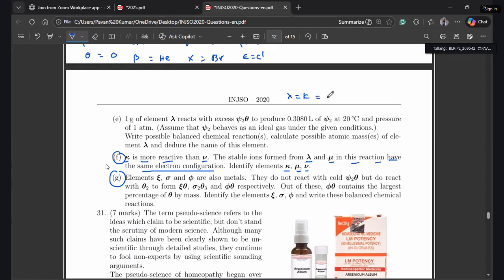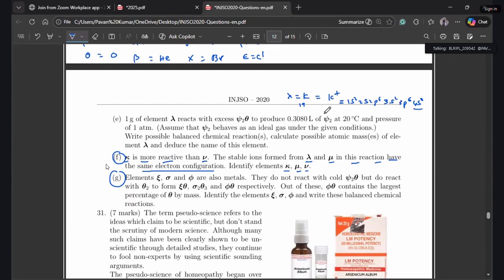The stable ion is K plus only. What is the electronic configuration of potassium? Atomic number 19. If you see the potassium ion here, 1s2, 2s2, 2p6, 3s2, 3p6, 4s0. This is K plus ion.